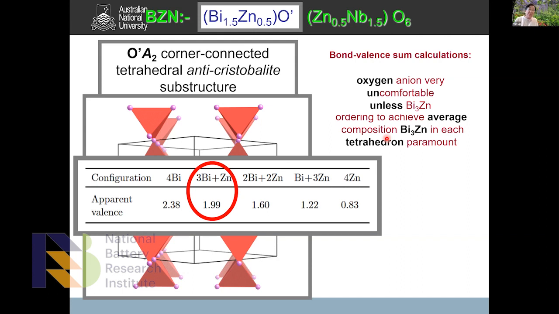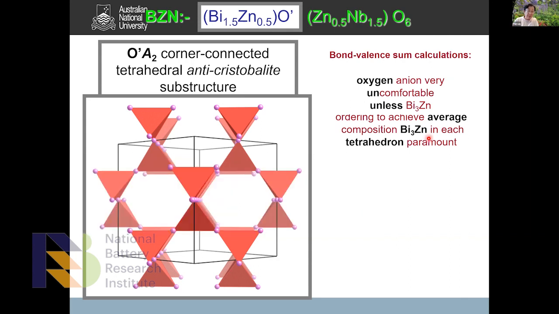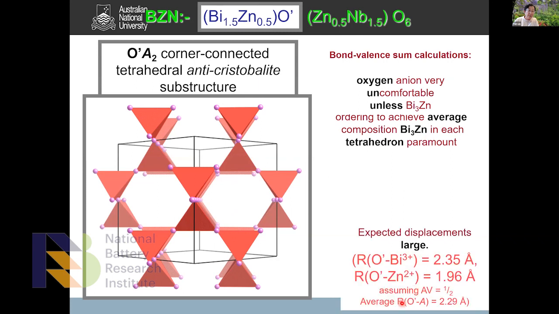So the bismuth and zinc on the A side are not randomly mixed. Secondly, you look at the bonding distance. The oxygen-A cation bonding in this structure should be 2.29, and for bismuth and zinc, you see, it's far away in comparison to the previous one. That means the bismuth and zinc staying there will generate some local strain. So in order to make them happy, they have to move around locally to release the strain and minimize the energy to a stable structure.